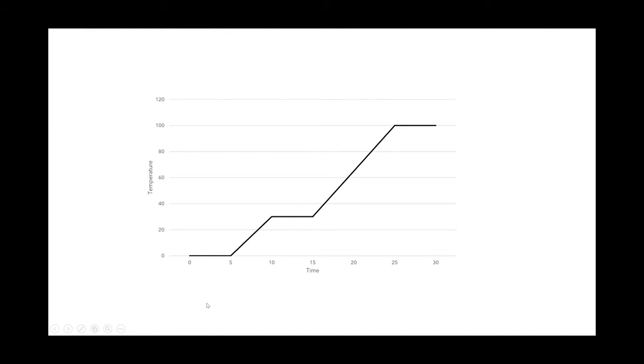Now, at the 0 minute mark, the temperature is 0. At the 5 minute mark, it's also 0. Usually, the question will tell you that this is an ice cube that was removed from the refrigerator.